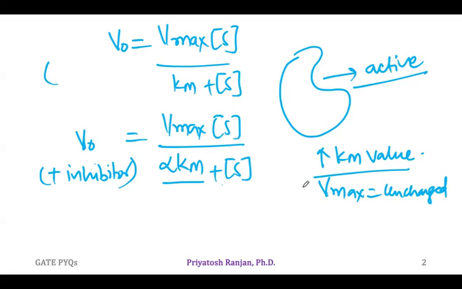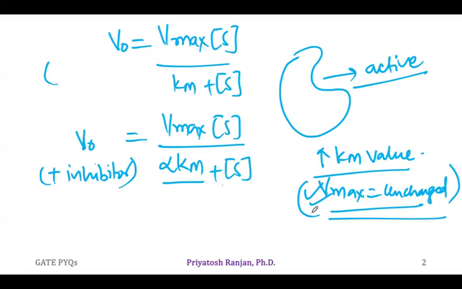So you can still achieve Vmax even in the presence of the competitive inhibitor by increasing the concentration of the substrate. You can keep on increasing the substrate concentration to a very high value, and you will be able to achieve the Vmax. So there is no effect on the Vmax, and that is the peculiarity of competitive inhibition. So the Km is increased and the Vmax remains unchanged.